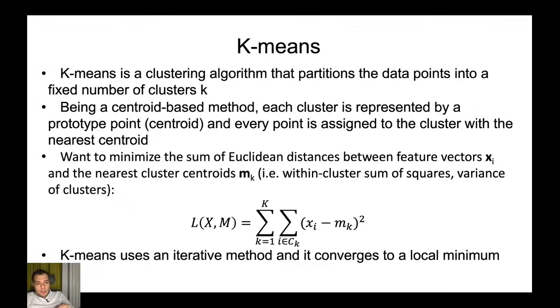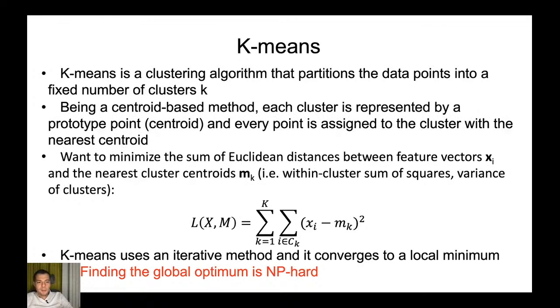Okay, so k-means is based on an iterative method that converges to a local minimum. So each time you initialize the algorithm, you select a random set of initial centroids.